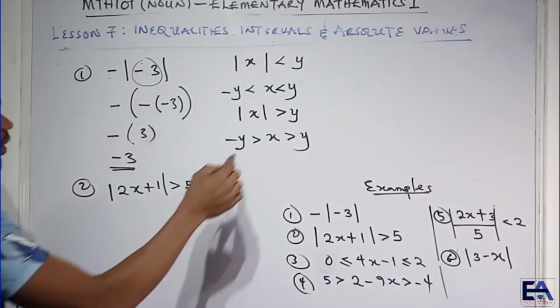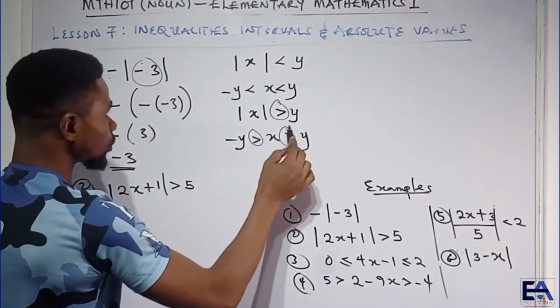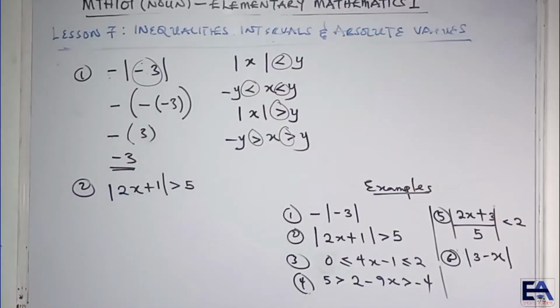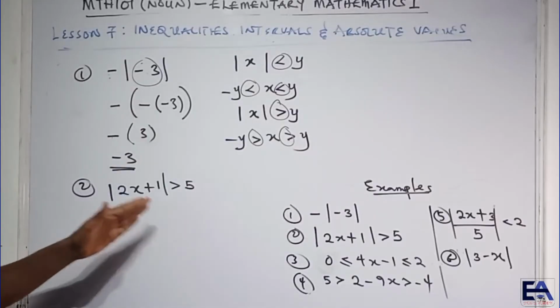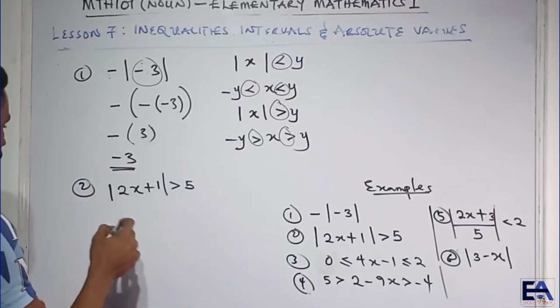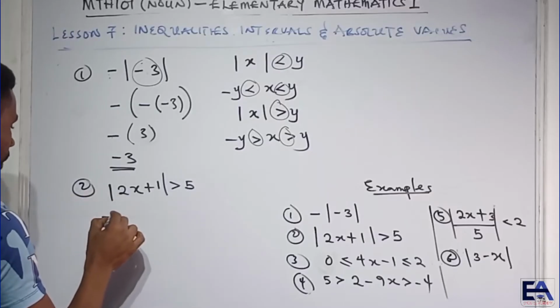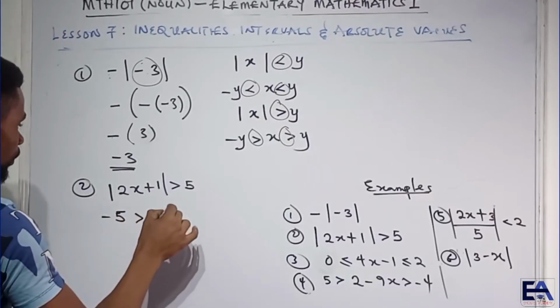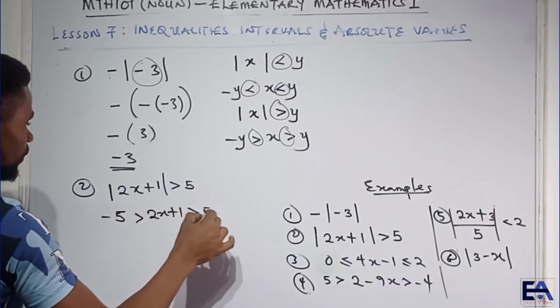So the direction of the inequality will follow suit, just as it happened in this place. You get that? So if we apply that rule here, we are going to have something like minus 5 is greater than 2x plus 1, then greater than 5.